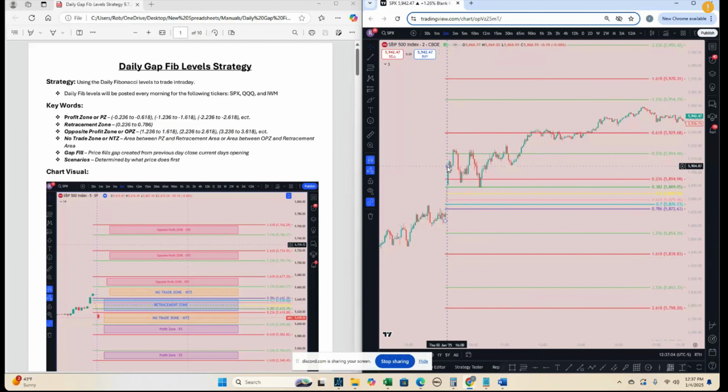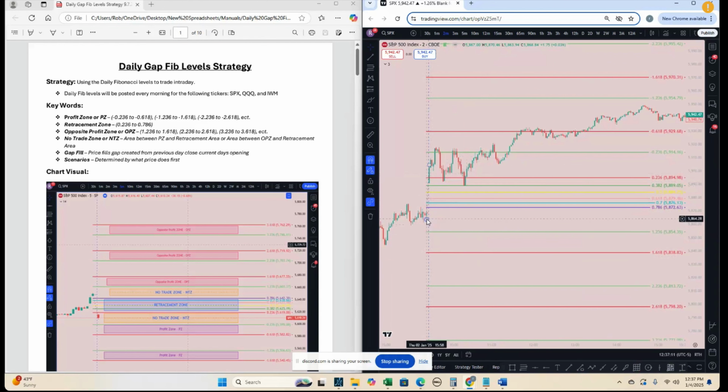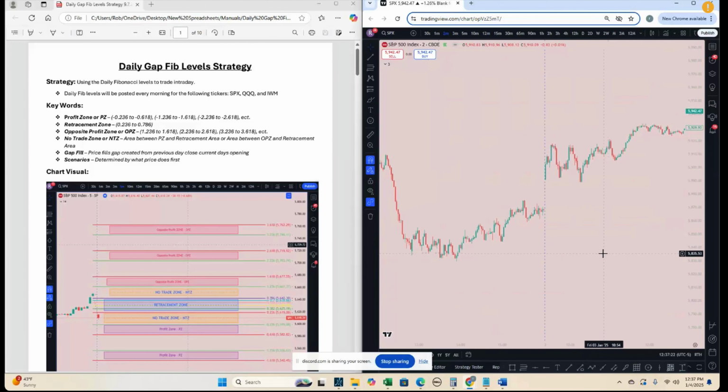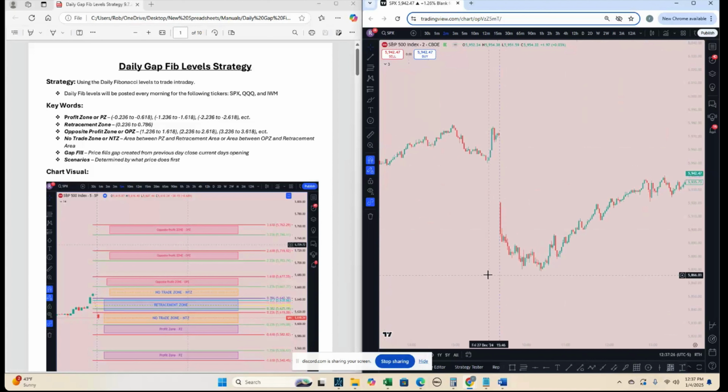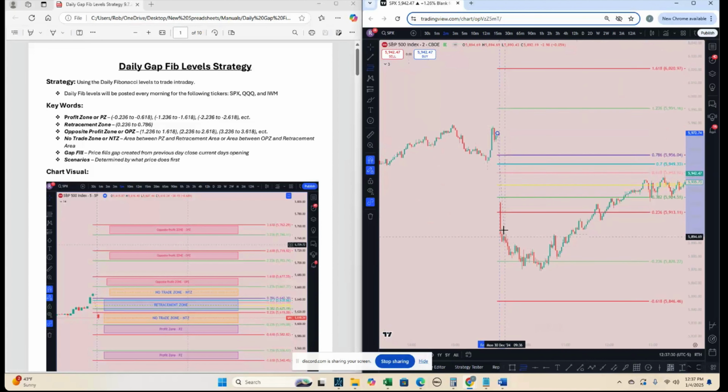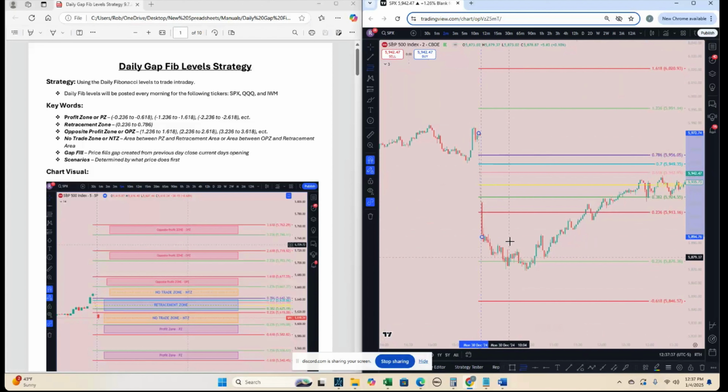Now there's two things, right? If we gap up, you're going to draw from the bottom of the 3:58 candle to the top of the 9:30 candle. If we gap down, we do the opposite. We draw from the top of the 3:58 candle to the 9:30 candle once it closes.